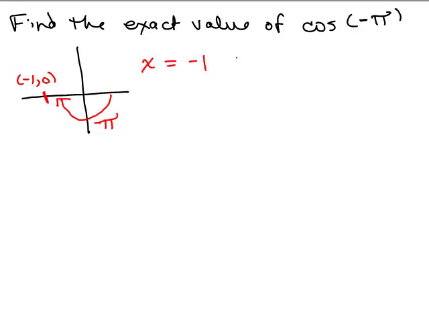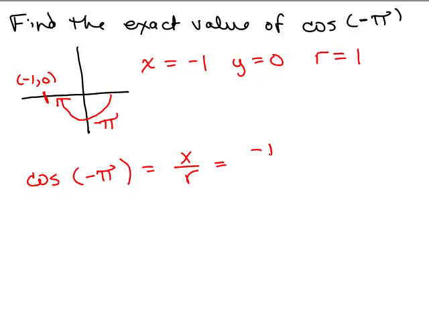So x is -1, y is 0, and r is 1. And so the definition of cosine is x over r. So we have -1 over 1, which is -1.